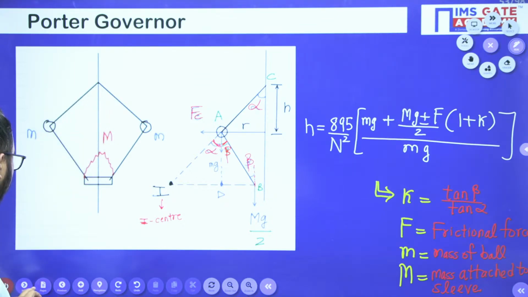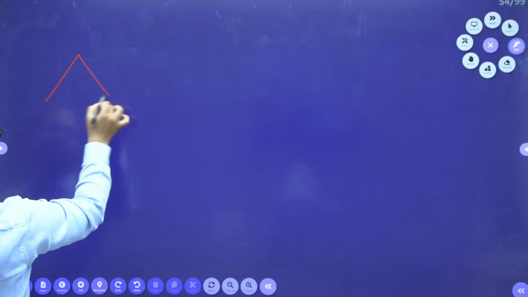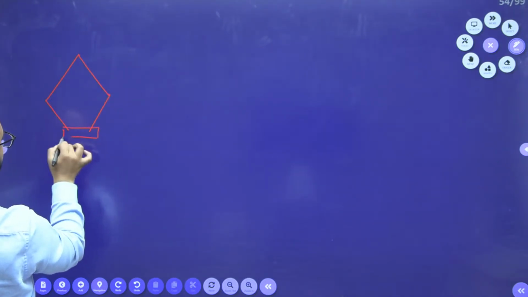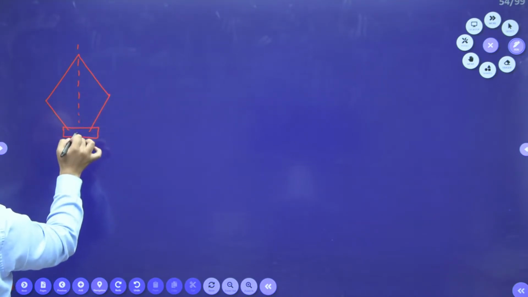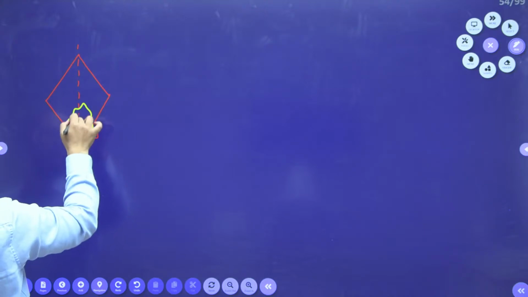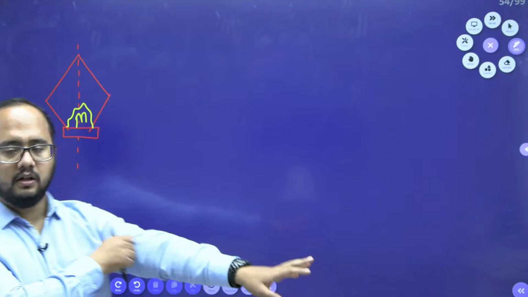Okay, here I will draw the diagram again, so that you will have the idea. See, some mass has been placed on the Porter governor. So what is the difference between the ordinary governor and the Porter governor? Some mass has been placed on the sleeve, right?